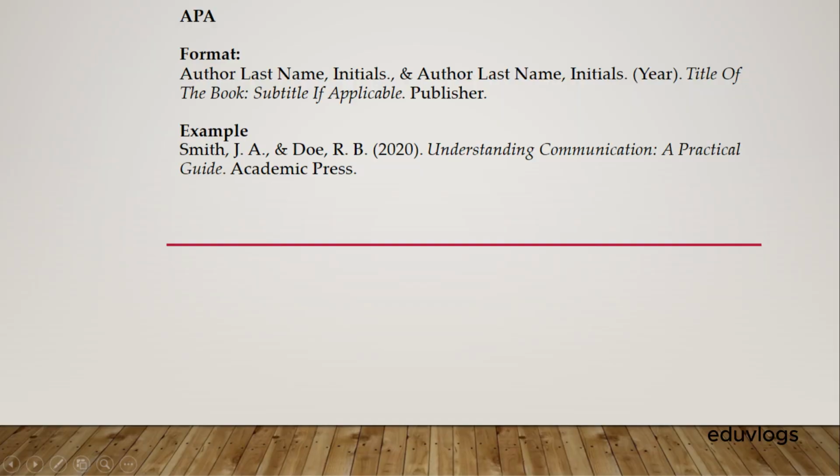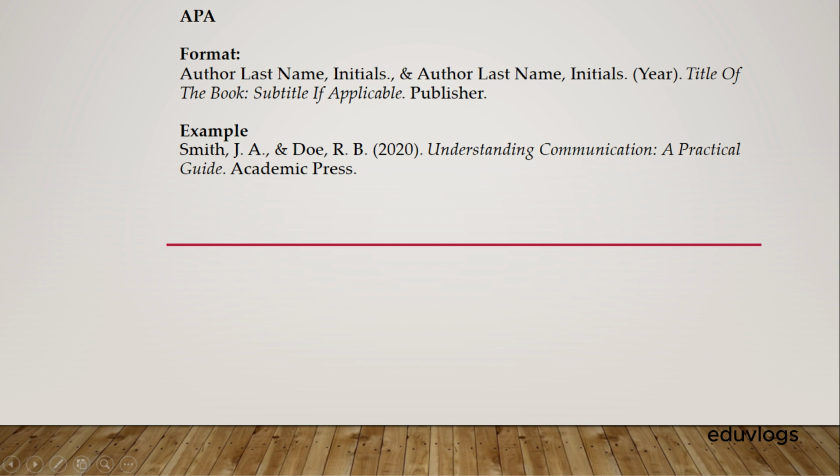The format for using the APA style is the name of the author, which includes the last name and the initials, and also the second author's last name and initials. Remember that you are doing a two-authored book.